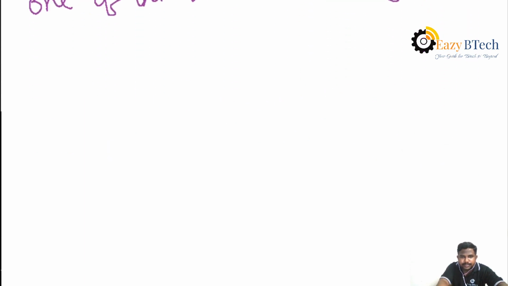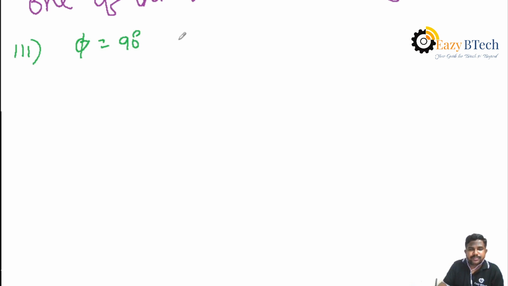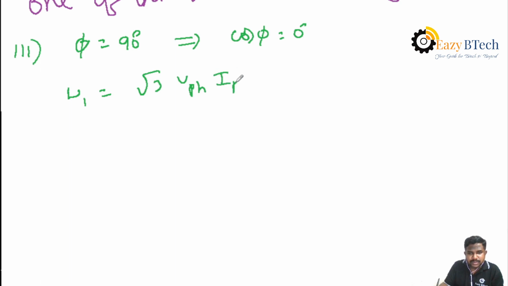Similarly, in the third case, if the power factor angle is 90 degrees, that means the power factor is 0. Then the reading of W1 is root 3 VPH IPH cos of (30 minus 90), that is cos 60.